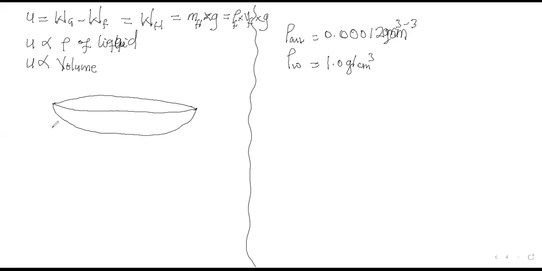Because when the volume of water displaced by the body, which is the ship, is large, the upthrust which would enable the ship to float would also be large. That is why ships float in water, but stones sink, because the volume of stones is very small, and so it will just displace small volume of water. And when the volume of water displaced is smaller, the upthrust will also be smaller, and so it will sink.